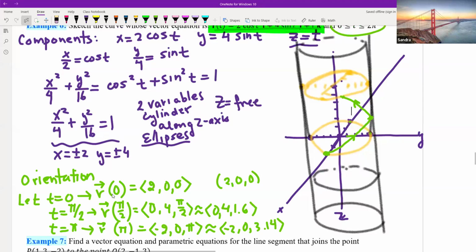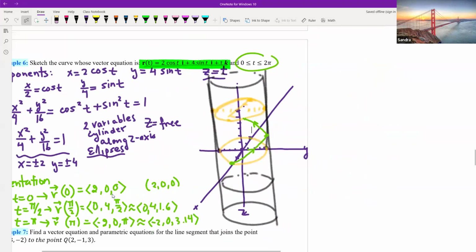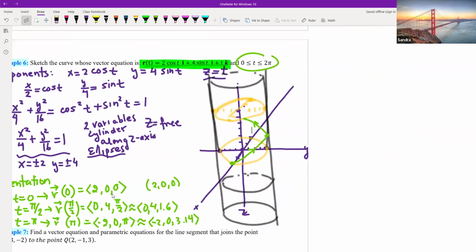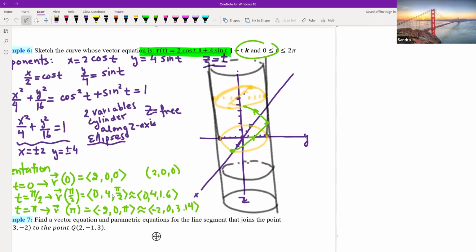Okay, I don't have any more space. I think I am writing kind of big. Let me go ahead and continue on the side. And I'm going to go with t equals 3 pi over 2.